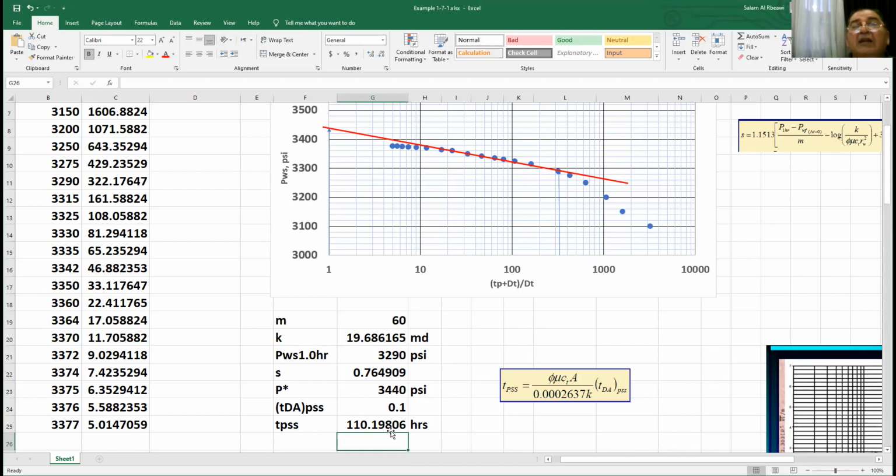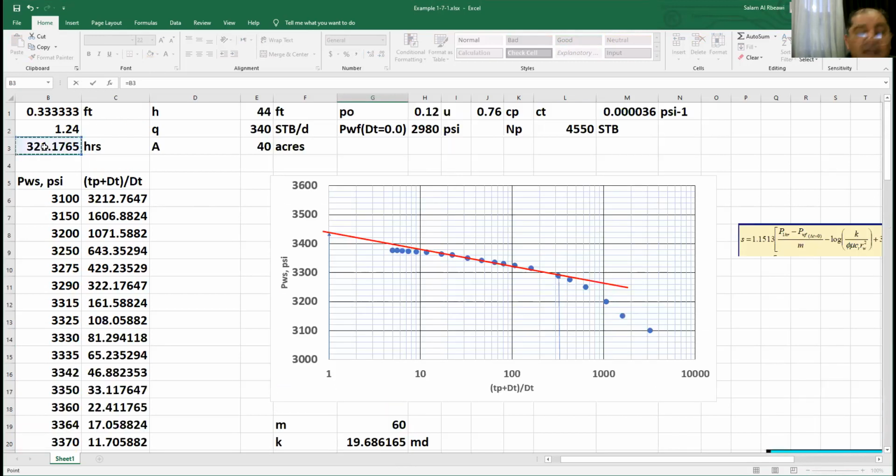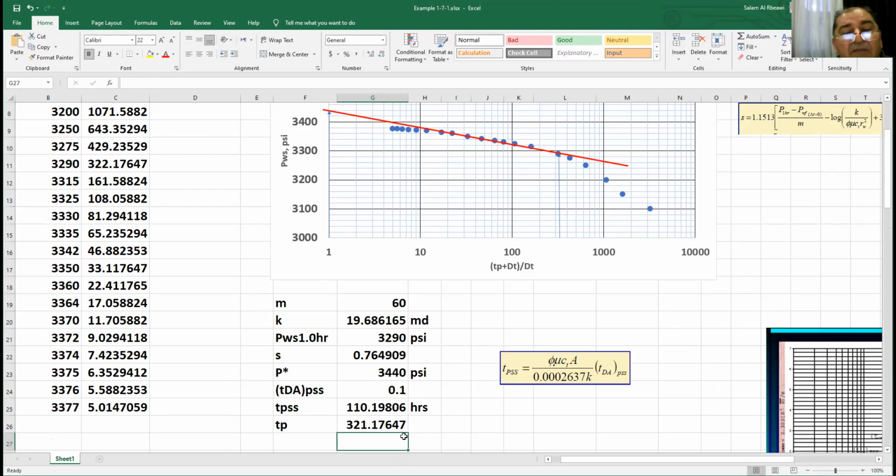Now we are going to make the comparison between TP and TPSS. How much is our TP? As you know, guys, TP is calculated to be this. So TP is greater than 2 times TPSS. So in this case, we have to redraw the Horner plot.